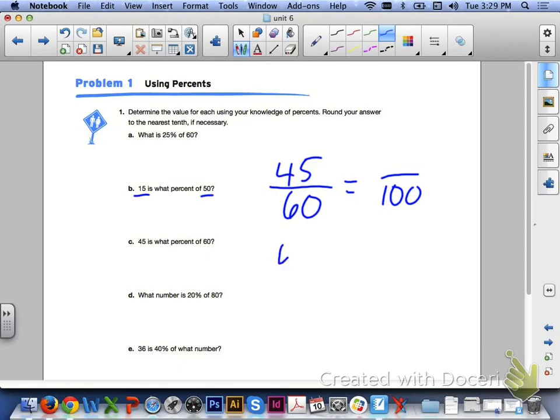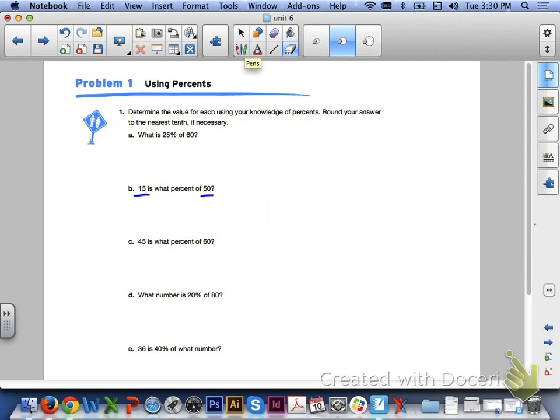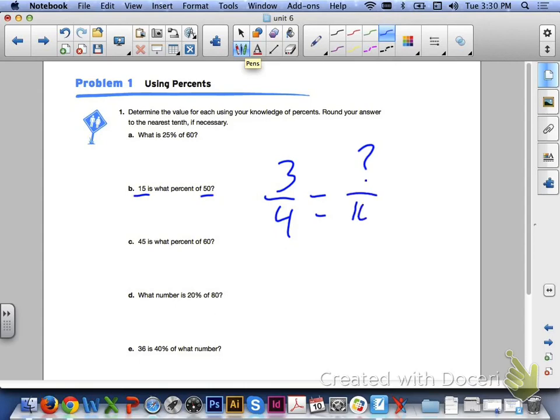So if I divide them both by 15, 45 divided by 15 equals 3, and 60 divided by 15 equals 4. So I'm going to rewrite my equation now as 3/4 is equal to something over 100.